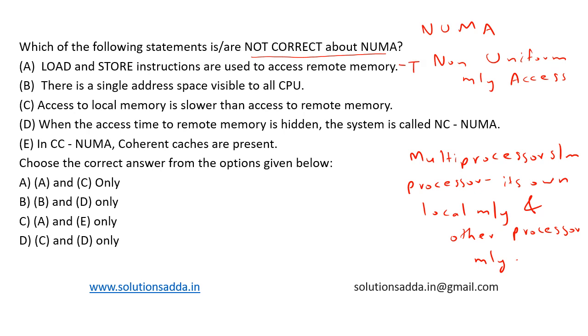Second one, there is a single address space visible to all CPUs. This statement is also correct. All CPUs see a single shared address space which is broken into multiple nodes. Each node has its own local memory which can act as faster when compared to other nodes.